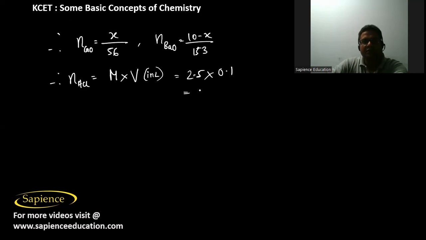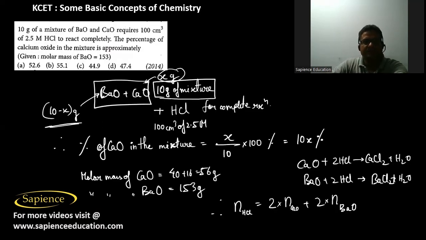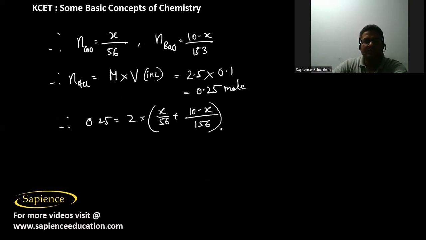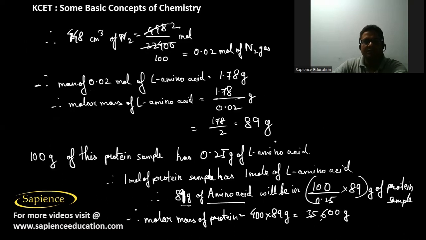It will be 0.25 mole of HCl used. So we can say 0.25 will be equal to 2 into x by 56 plus 10 minus x by 153. Now we can solve this to find x. We actually have to find 10x, as 10x percent is the answer.